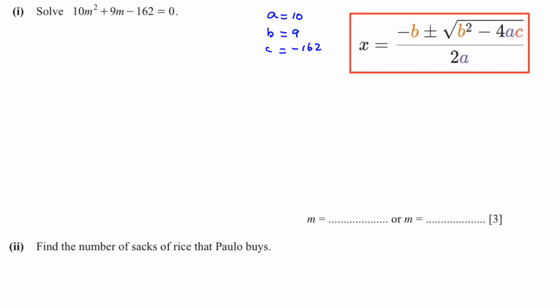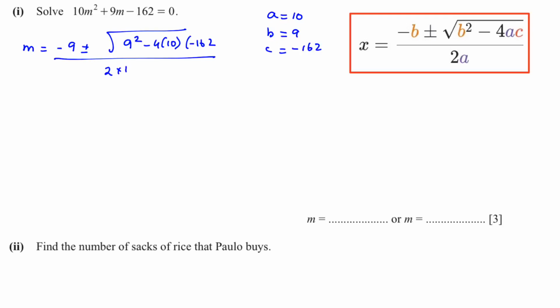So to find your m, we are going to replace all the numbers that we have. 9 square minus 4 times 10 times negative 162 over 2 multiplied by 10.